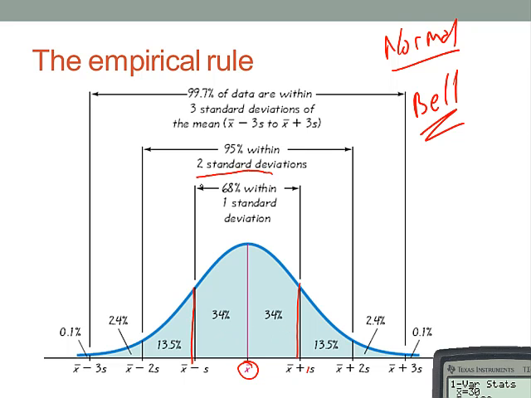So 68% of the data are within one standard deviation of the mean from a normal distribution. 95% are within two standard deviations, and 99.7% are within three standard deviations. Then we can get these individual percentages just by subtracting and dividing out. So have that curve in your head, or write it down, or hopefully you have these notes printed off.